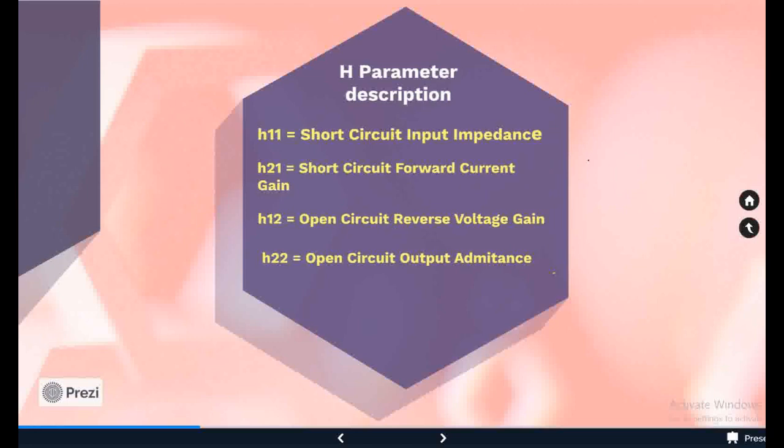These are the short circuit parameters and open circuit parameters. So we come to know that the H parameters are a combination of both the open circuit as well as the short circuit parameters.